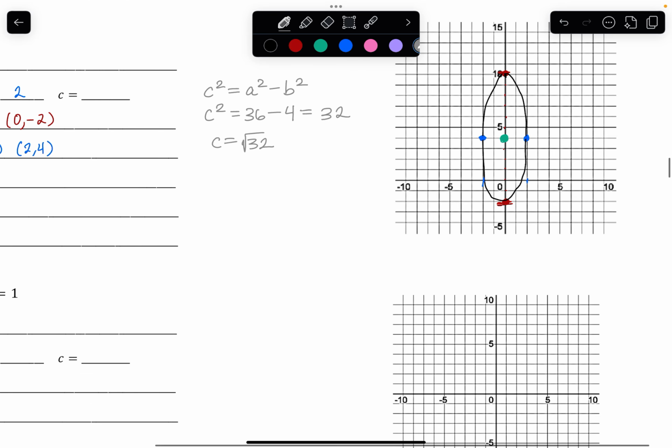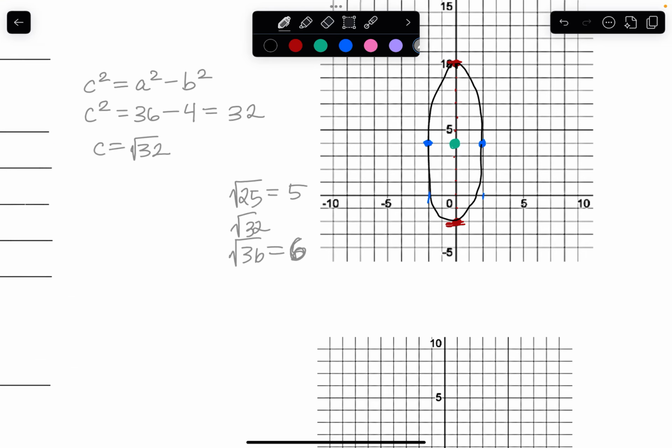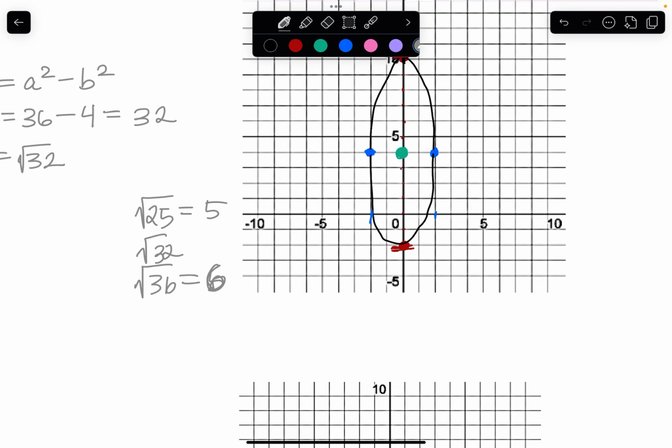And so to approximate a square root, just look for perfect squares that are above and below it. And so 32 falls between 25 and 36. And so that means the square root of 32 falls between 5 and 6. And so remember, they're always along the major axis.